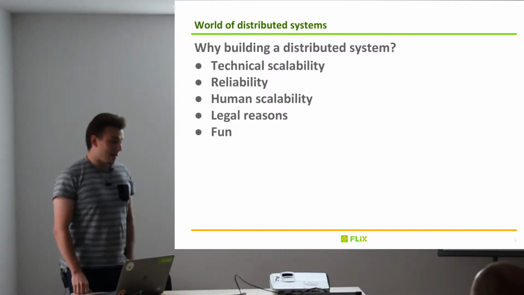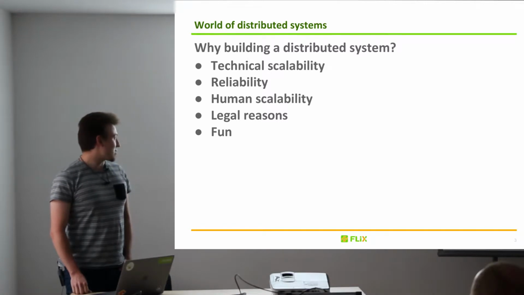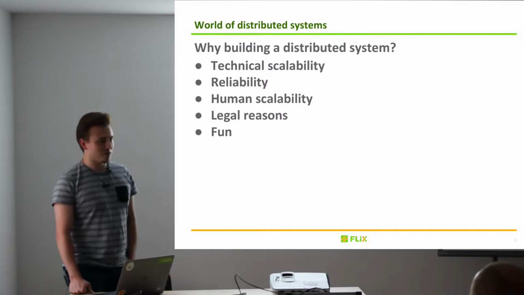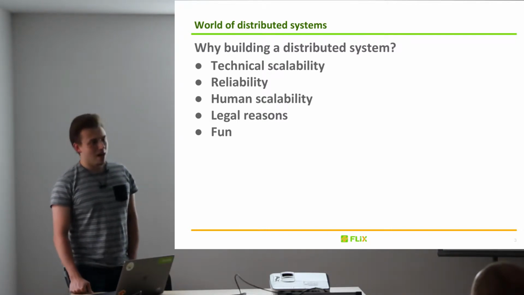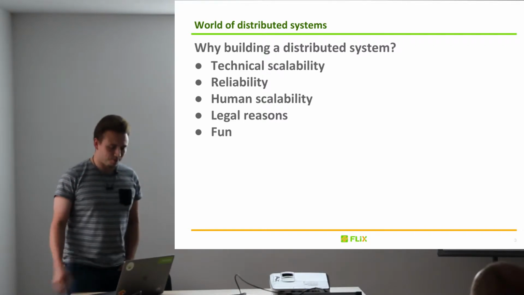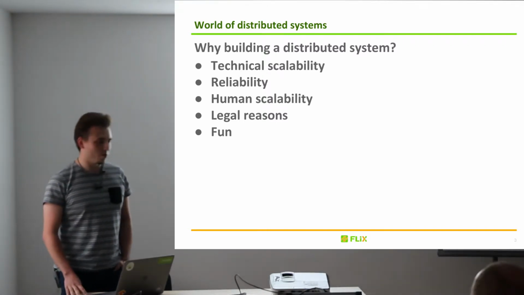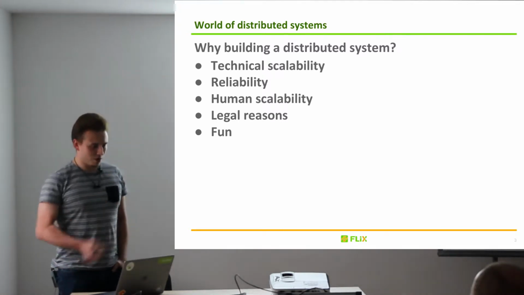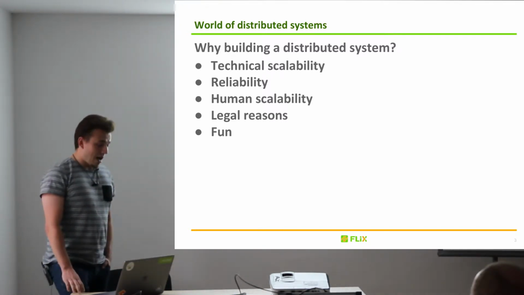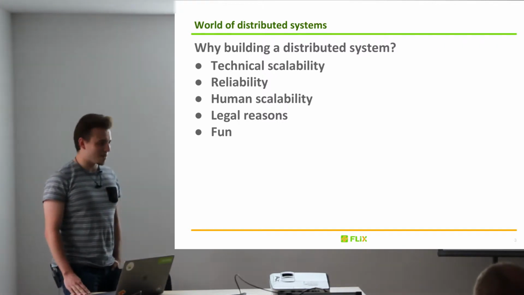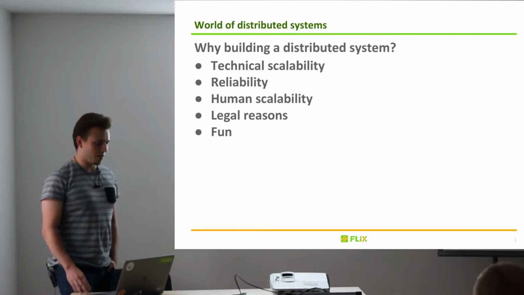And then more and more, and then I stumbled upon a problem that, well, I upload another photo and some of the users are able to see it, some not. So there's a problem of consistency that you heard of during the previous talk. But on the other hand, this distributed system at least helps to solve the problem of technical scalability.